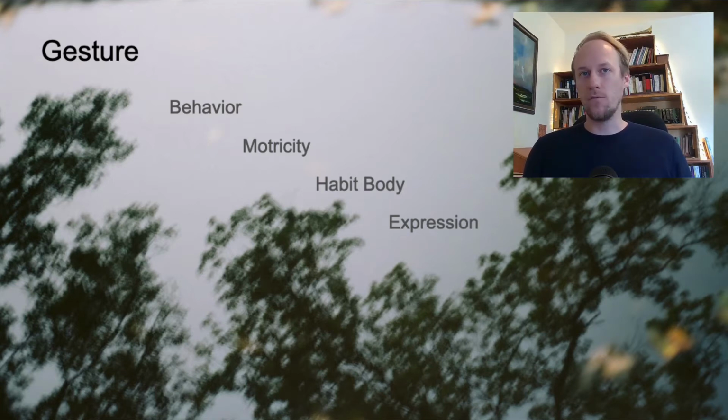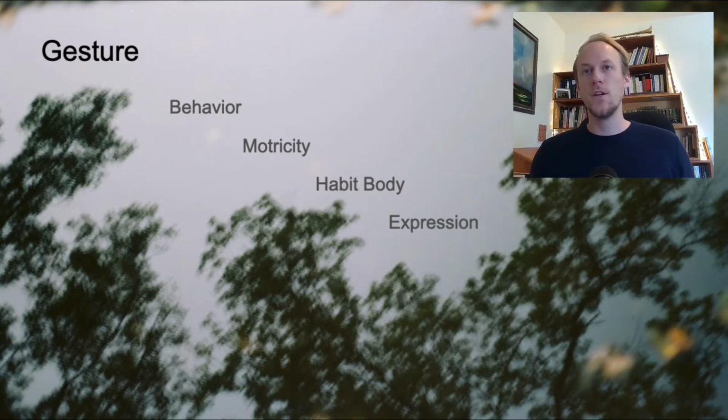This is really closely related to his idea of motricity and habit body. All of these things are naming similar phenomena. But behavior is basically this kind of coordinated gesture, movements which accomplish some common goal.